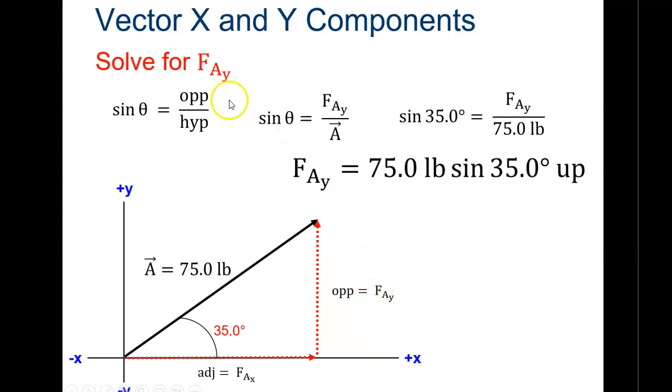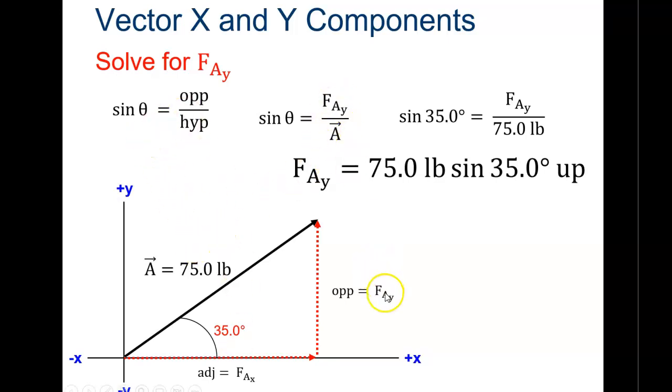This is the one they told us to solve for, so we really want it to be in our equation. The only other one that has the opposite in the equation is tangent, and tangent has opposite over adjacent, but right here you have opposite and adjacent. You don't have the value. I know you just solved for it, but we always solve as if we didn't, right? Okay, so we're going to use sine.